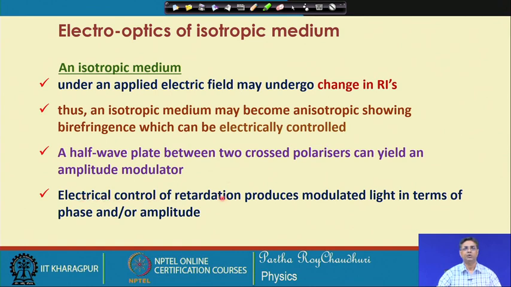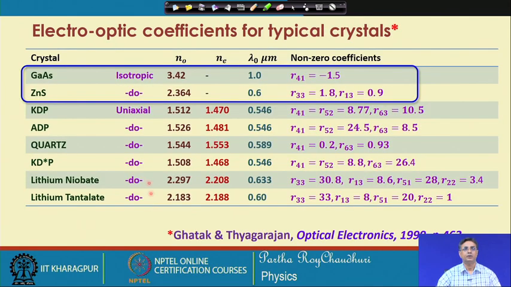So, electrical control of retardation produces modulated light in terms of phase or amplitude, depending on the configuration, the suitable positioning of the optical elements with the electro-optic crystal. Now, we will refer to the list which we have shown earlier.